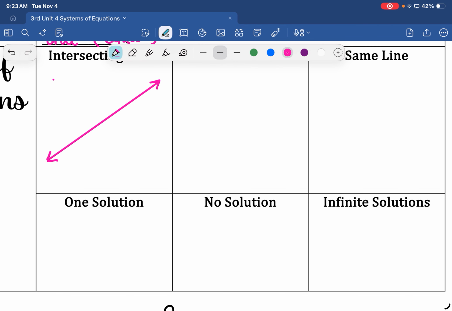Just make two straight lines that intersect. The point at which they intersect is your solution. And that occurs when you have different slopes.